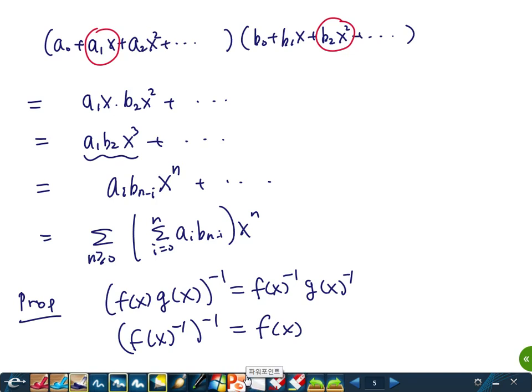Okay, I think I forgot to mention a very important thing. I said not every formal power series has an inverse. But there is actually a very simple criterion for a formal power series to have an inverse.